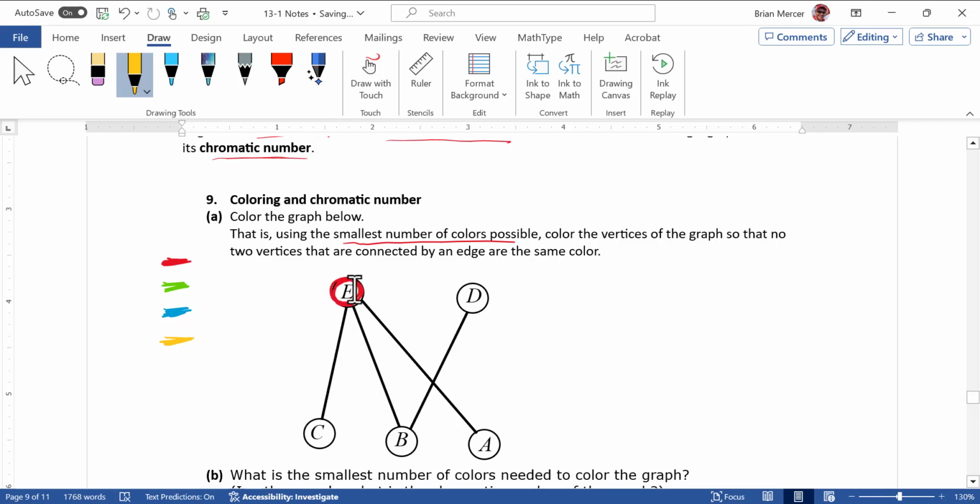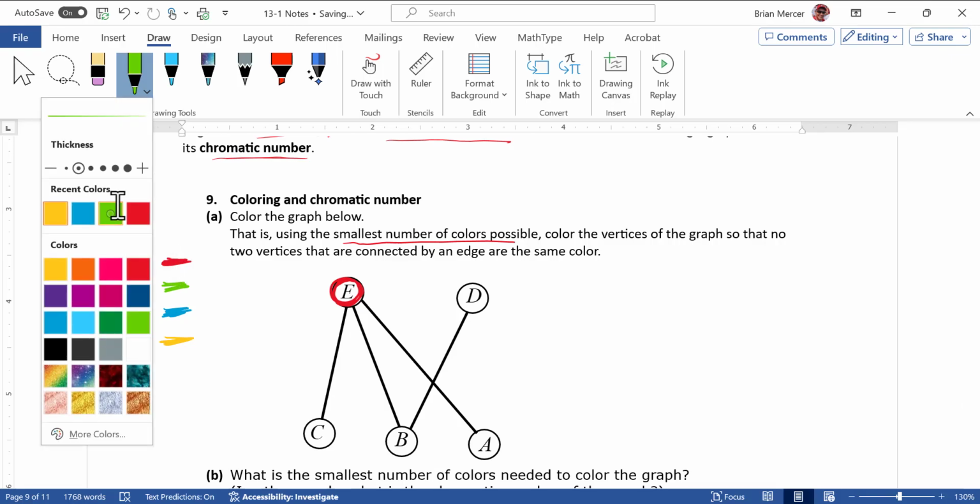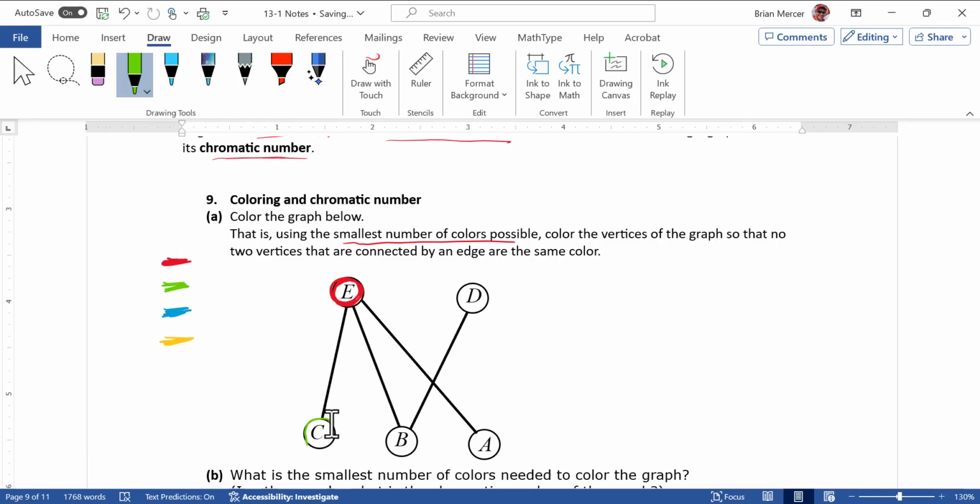You start with red, and this next one is going to be green. Then I go back and say, this B can't be red because it would be connected to E. But it actually could be green.